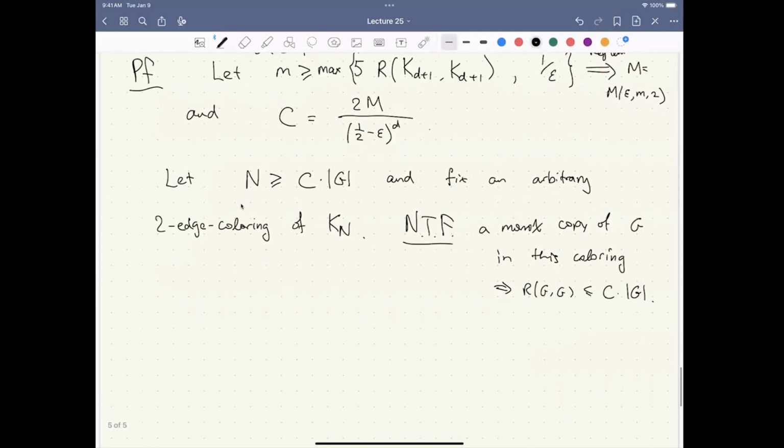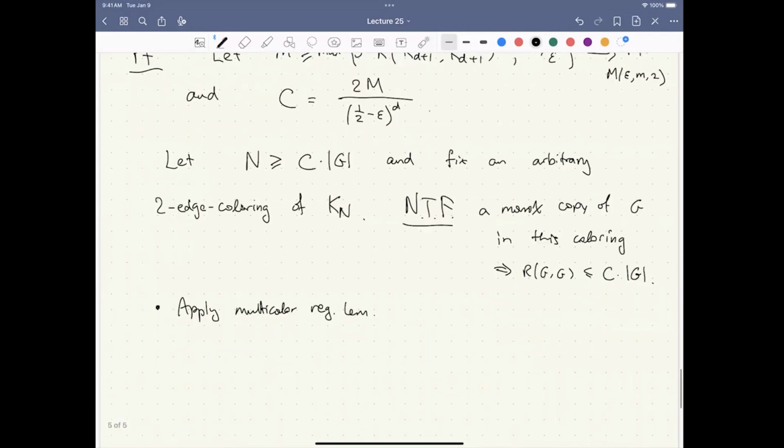So we're going to apply the multicolor regularity lemma to this two-edge-colored Kn.